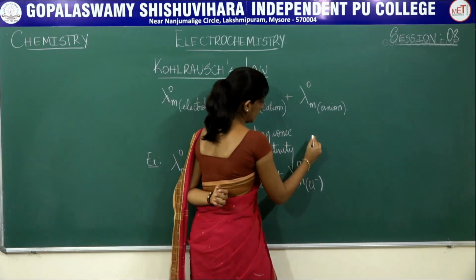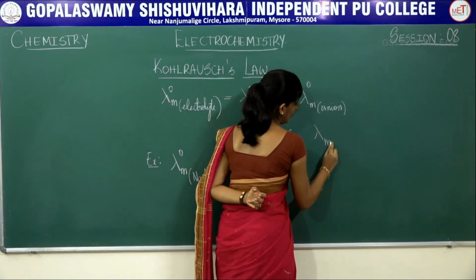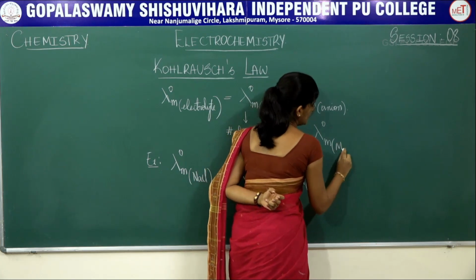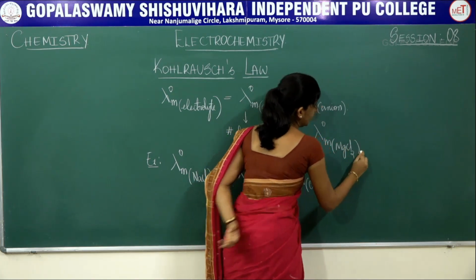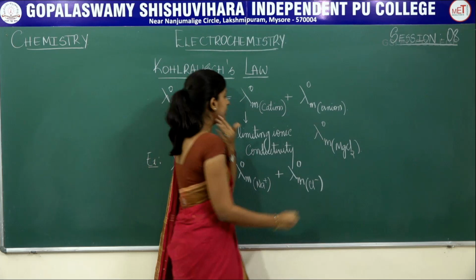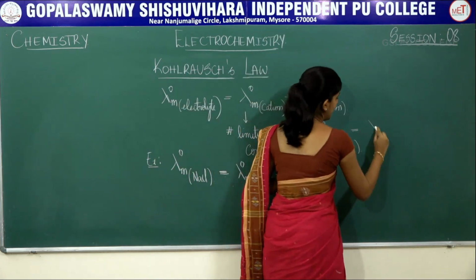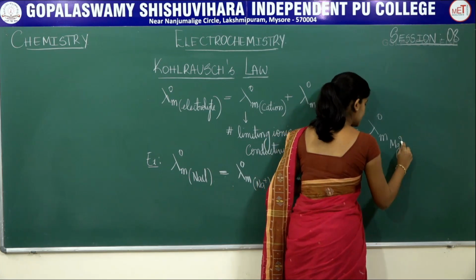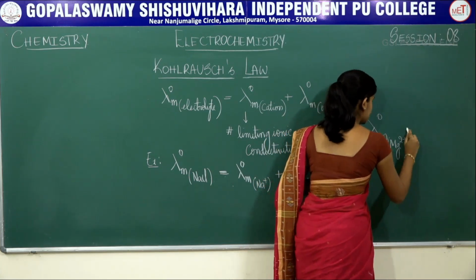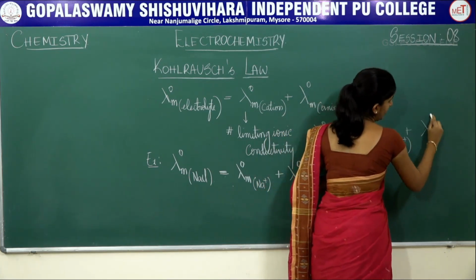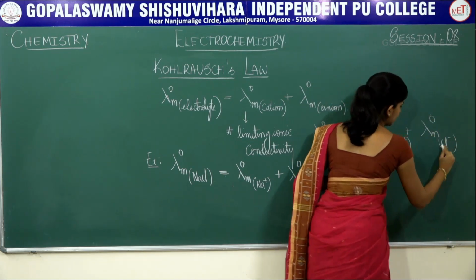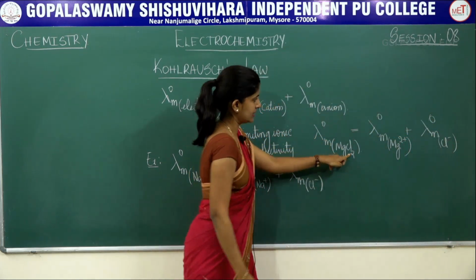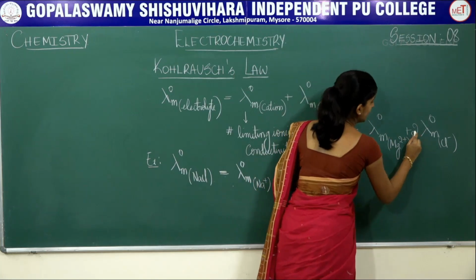I'll take another example, lambda m naught of MgCl2, magnesium chloride. It will be lambda m naught of Mg2 plus plus lambda m naught of Cl minus. Since there are two Cl minus ions, I have to multiply this by 2.